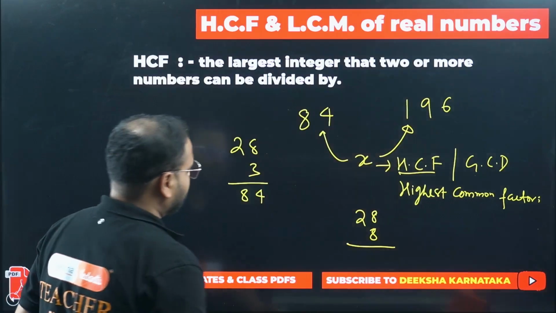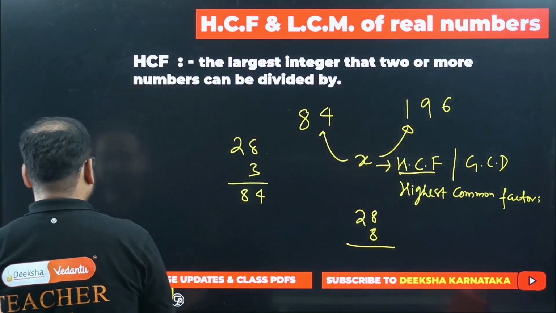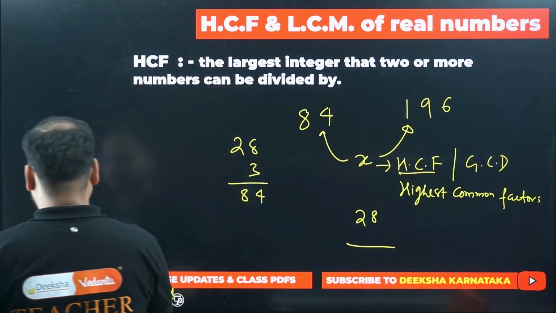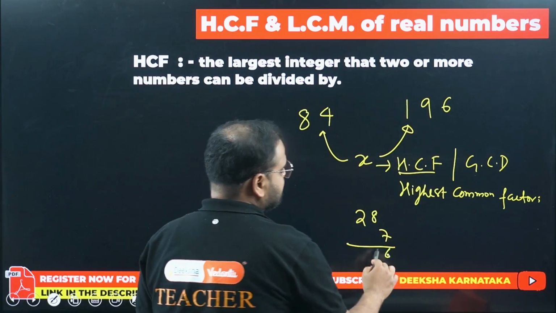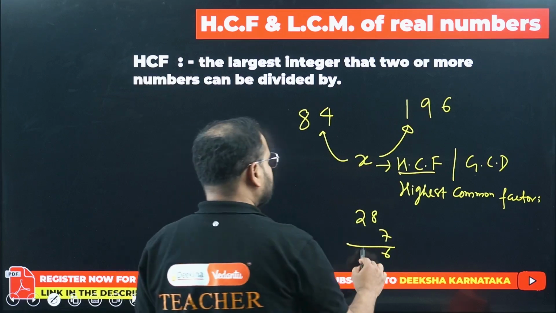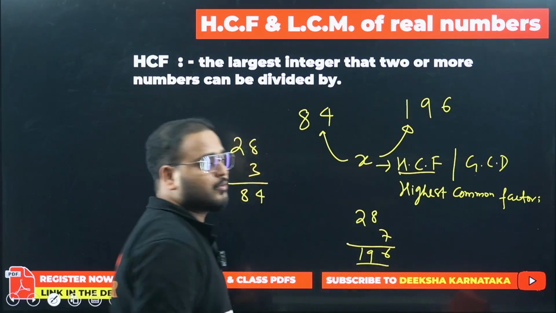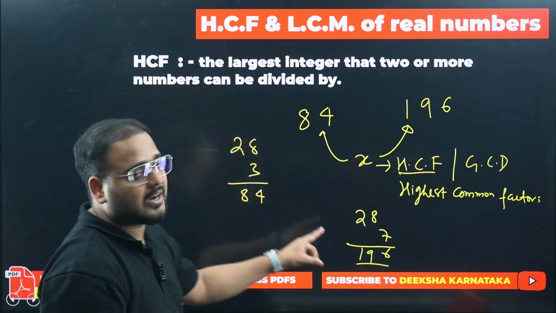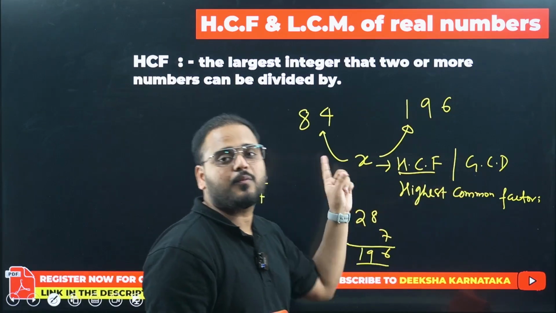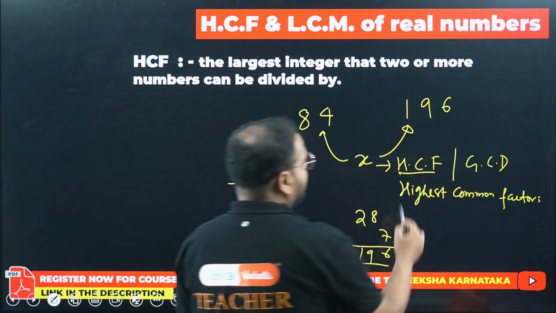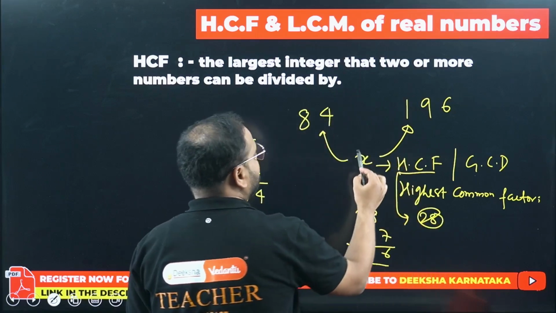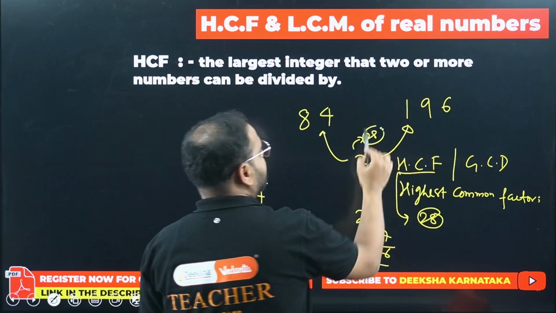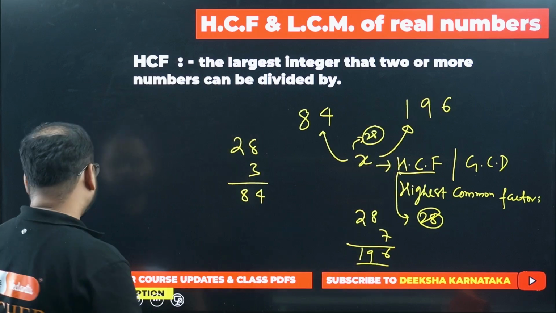Not 6, it is 7. 7 eights are 56, so carry 6; 7 twos are 14 plus 6 is 20... so 196. So 28 is the greatest common divisor for both numbers. So I can write HCF simply as 28 for the given two numbers. So the x value is 28. Simple enough.